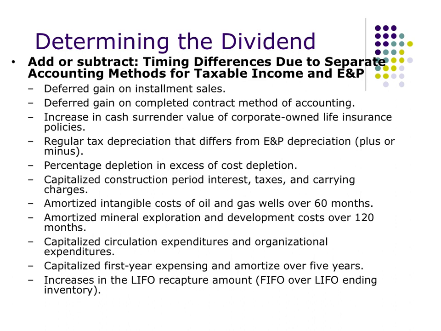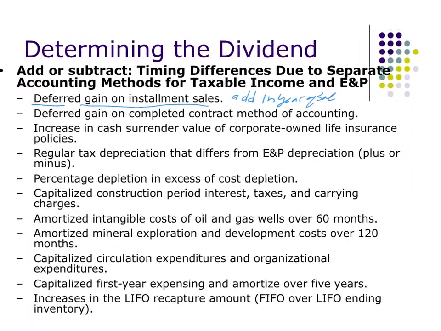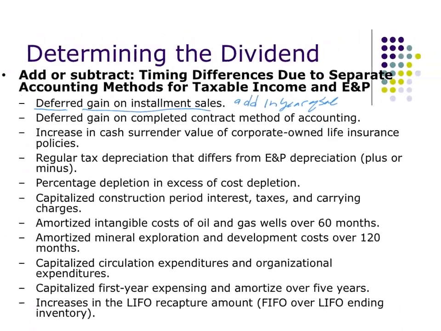So let's talk first about deferred gain on installment sales, okay? You're going to add deferred gain in the year of sale. So add in year of sale. But, hold on, I'm going to try to expand this a little further.